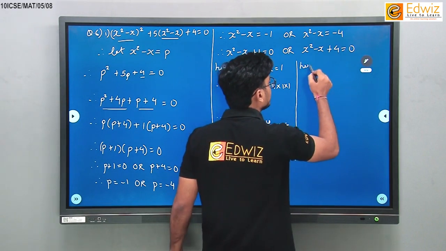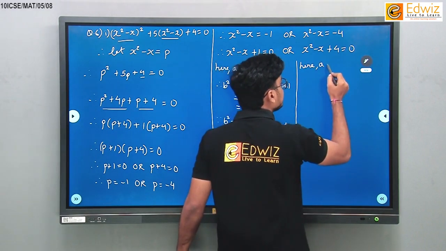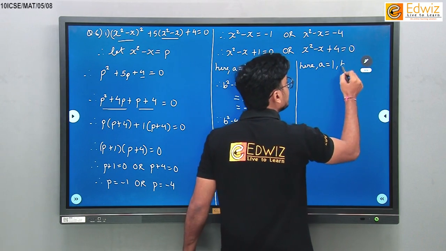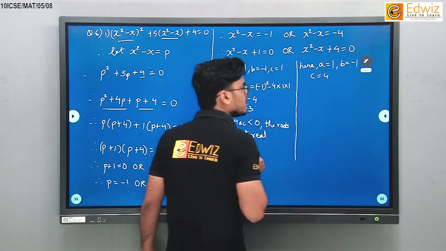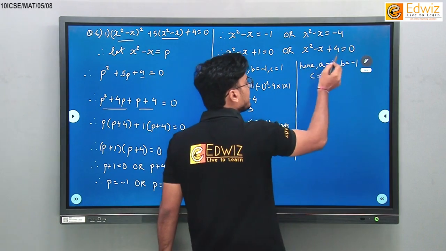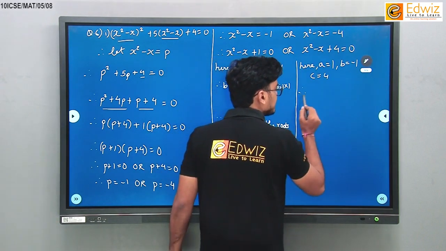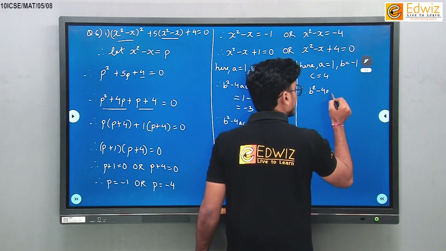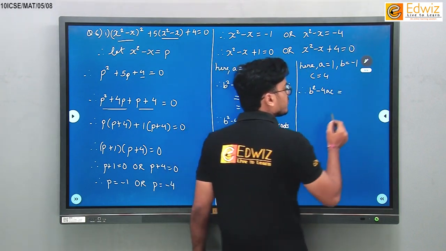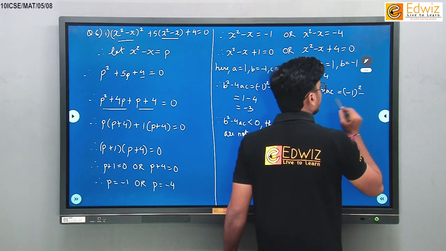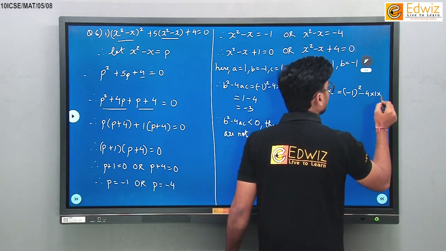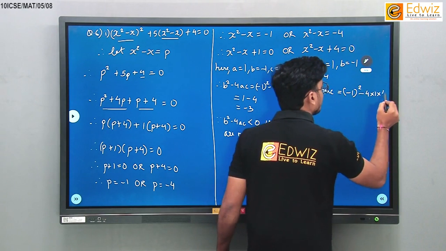In the second equation, here a is equal to 1, b is equal to again minus 1, c is equal to 4 this time. Okay, so we have got a, b and c, all three. Let us see the value of b square minus 4ac. b square minus 4ac will be minus 1 square, minus 4 into 1 into, again we have c equal to 4.